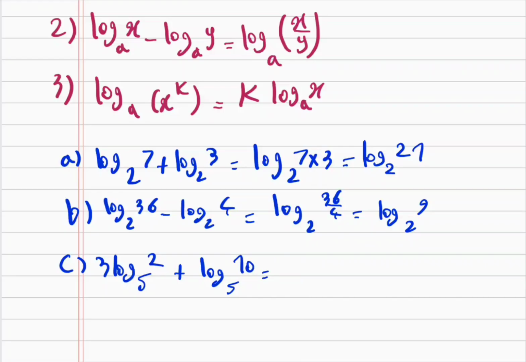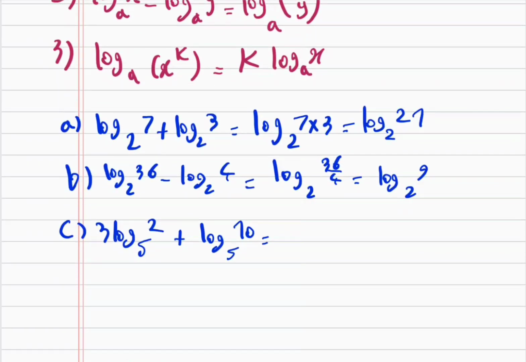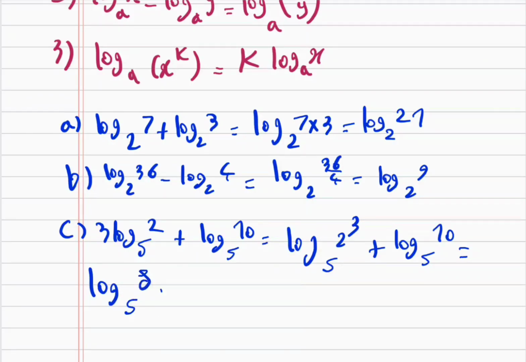In this case we can first use the reverse of the power law, because we have 3 log base 5 of 2, so this can be written as log base 5 of 2 cubed plus log base 5 of 10, and this is equal to log base 5 of 8 plus log base 5 of 10, and now we just multiply them and we get log base 5 of 80. So as you can see, it's also very common that in some questions we use more than one of these log laws.